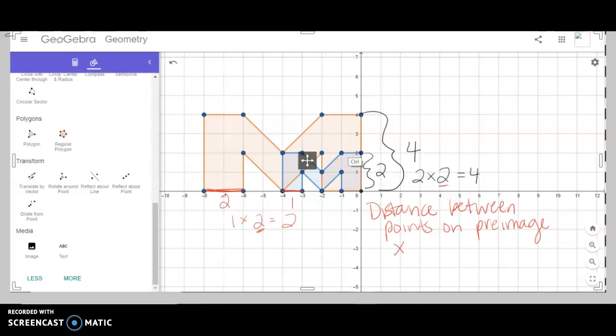So if we multiply the distance between points on the pre-image by the scale factor, that will give us the distance between points on the image. And this is under a dilation, only under a dilation.